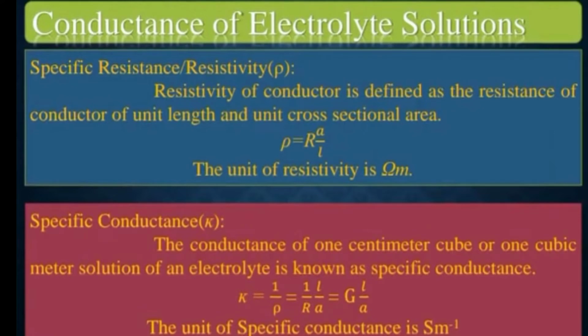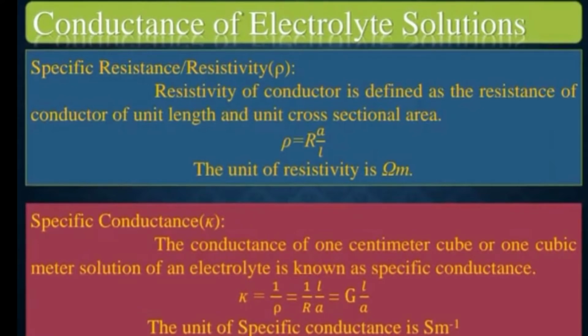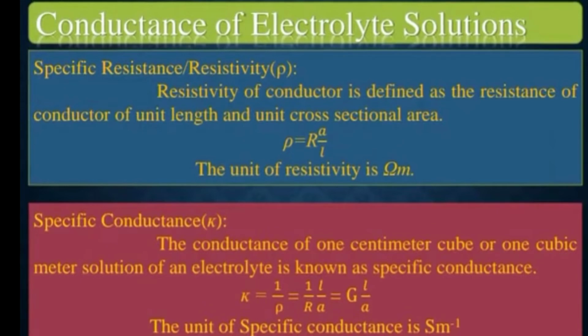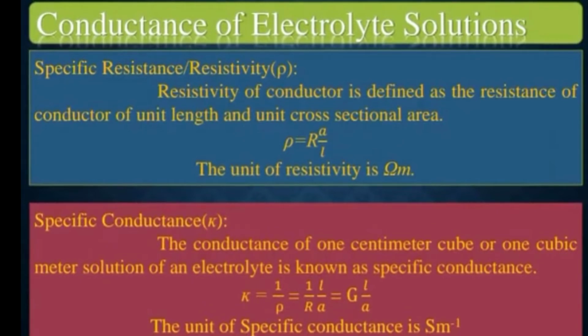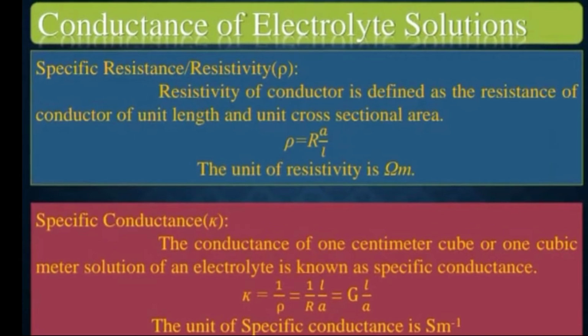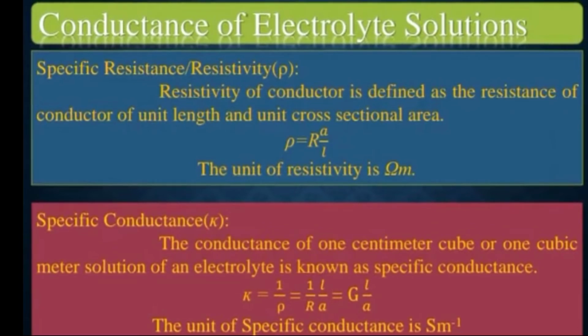So we get K is equal to 1 upon R into L upon A. We know 1 upon R is equal to capital G. So we put the values and we get K is equal to G into L upon A. The unit of specific conductance is Siemens meter inverse.